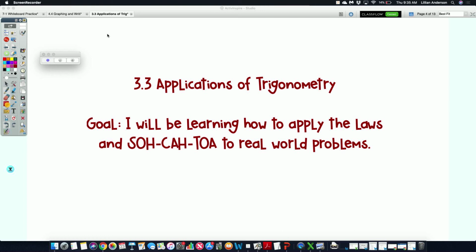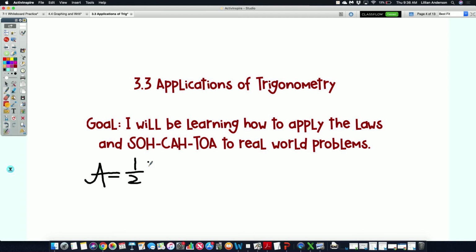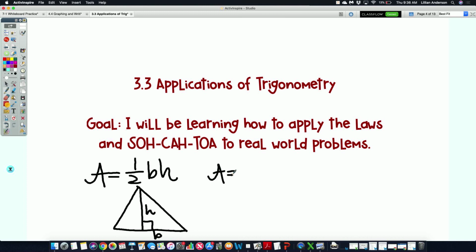Yes. You have your basic equation to find the area of a triangle. What is the formula for the area of a triangle? 1/2 base times height. This is only applied to right triangles or triangles that have a perpendicular height to a respective base. Okay. You also have Heron's formula. Let's say that you were given all three sides of a triangle.